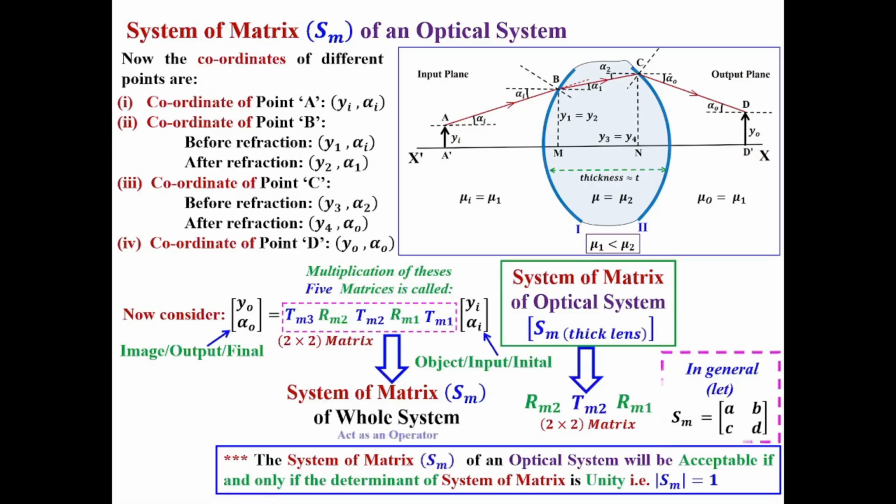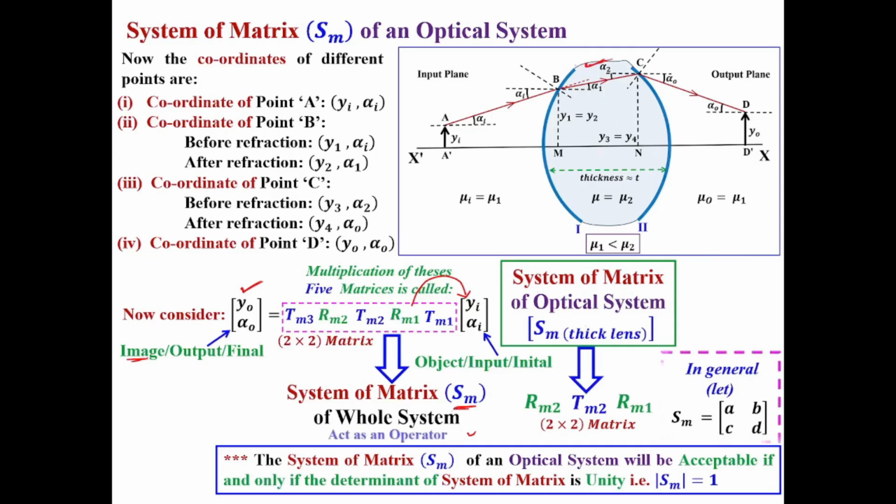Here SM, the system matrix, acts as an operator, because when the system matrix SM is operated on the initial information, we get the final information, or information about the image.